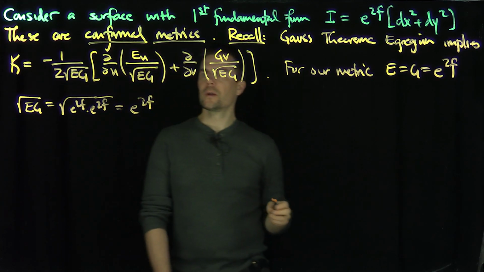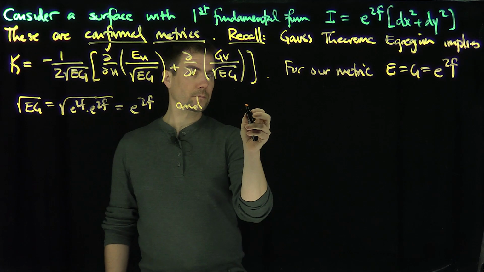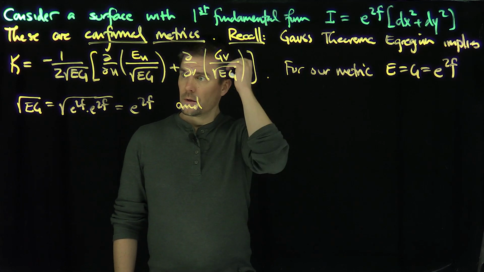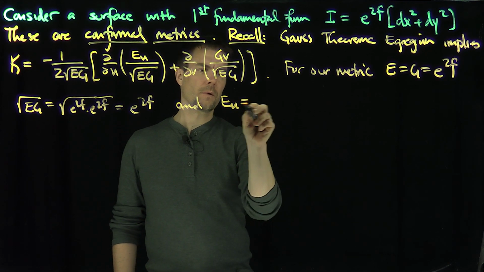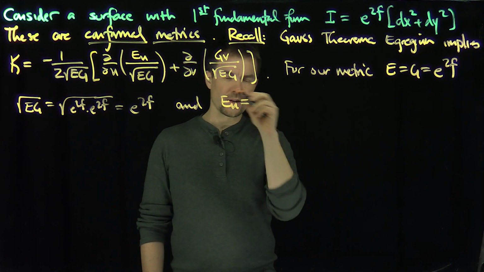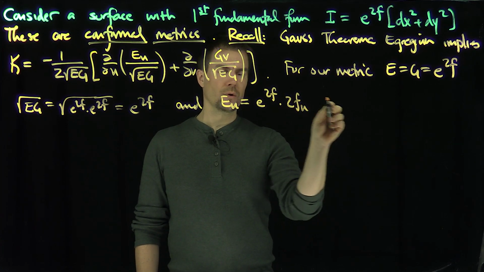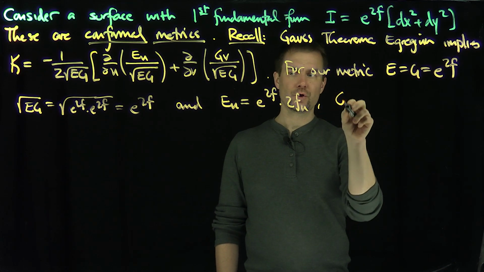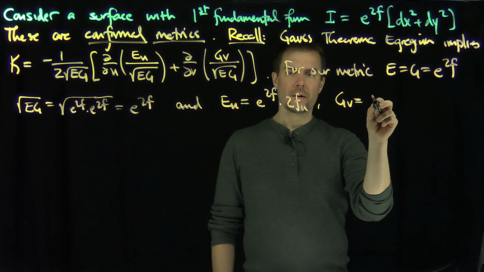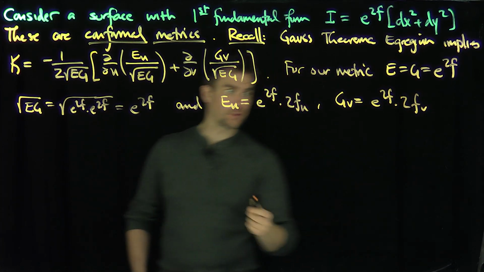And then E_u is equal to e to the 2f times 2f_u. And G_v is going to be e to the 2f times 2f_v, like so.